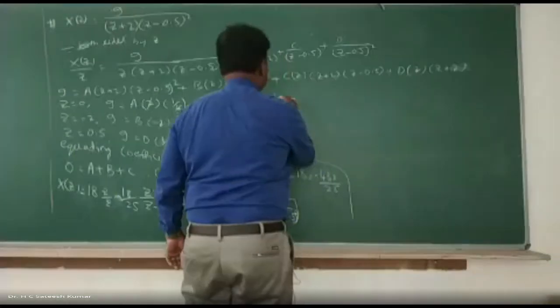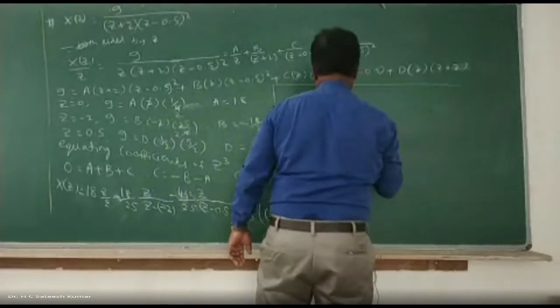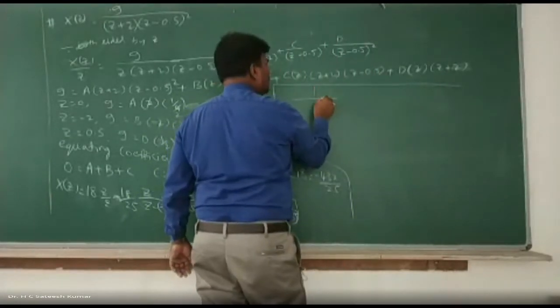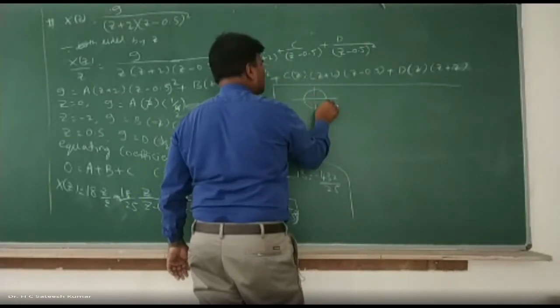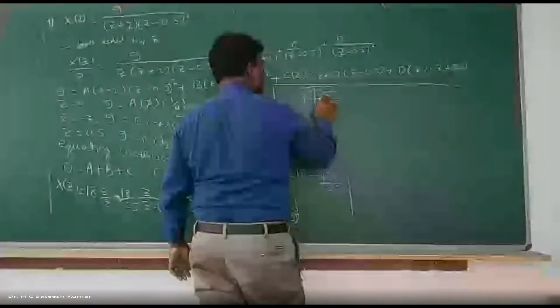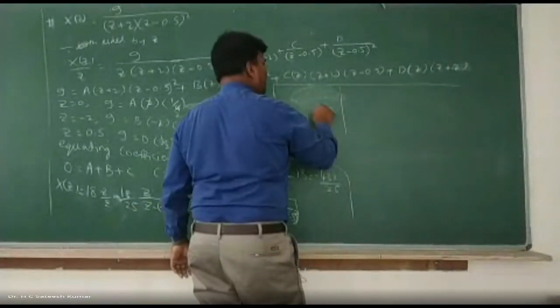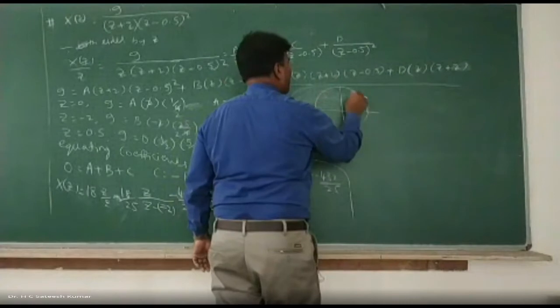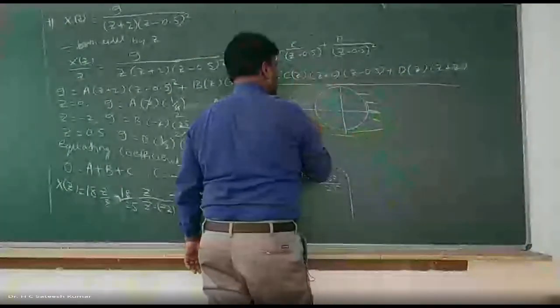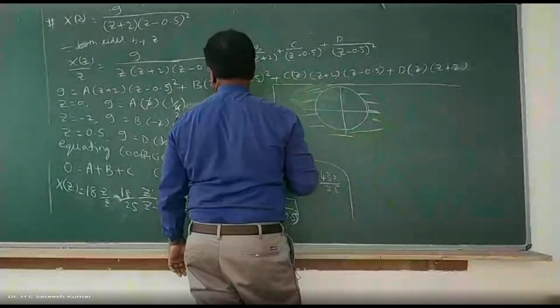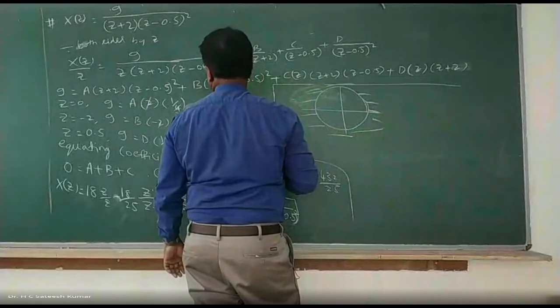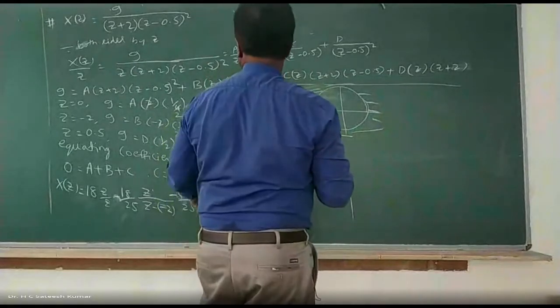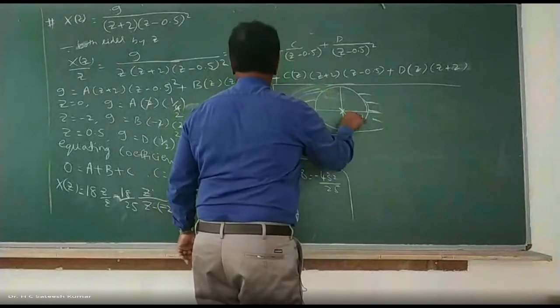Sketch of ROC is not given, so assuming that all of them are right-handed, anyway I am going to write down the sketch of this. Assuming that all of them are right hand side, where are the poles? One pole is at 0.